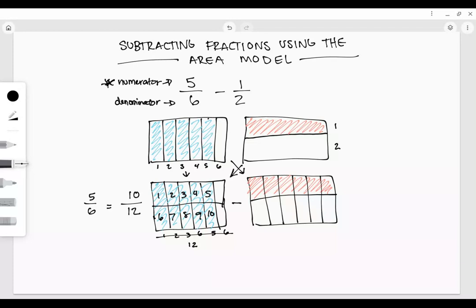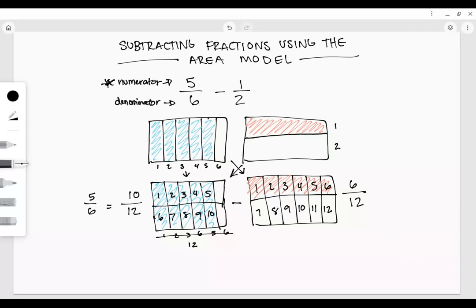And so now we're going to count how many pieces we have that are shaded. 1, 2, 3, 4, 5, 6. So that means we have 6 shaded pieces, our new numerator. And now we're going to count the rest of our squares. 6, 7, 8, 9, 10, 11, and 12.